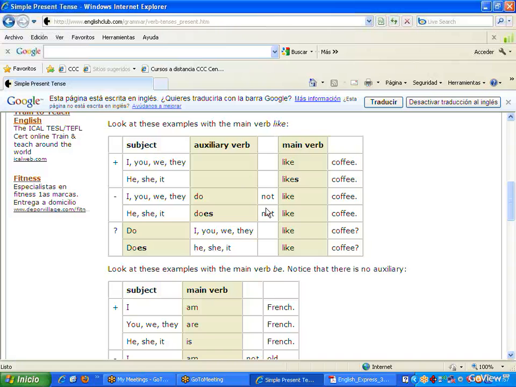The S is still on the auxiliary verb. The main verb is infinitive, sin S. Okay? He does not like coffee. I do not like coffee. We do not like coffee. Now it's different with the verb to be, but we'll look at that later. It's a little bit different.